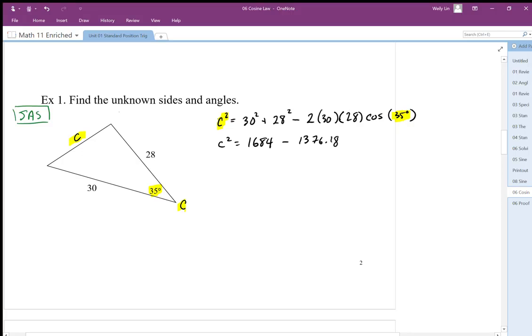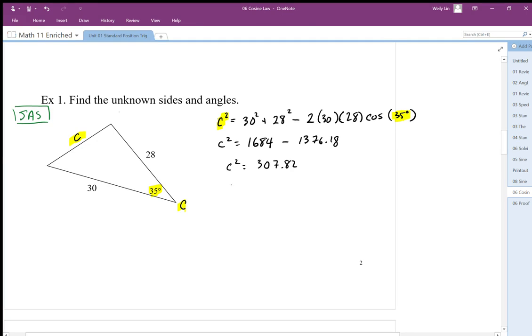1376.18. That looks pretty good, because that's now going to be subtracting. As I go from a 90-degree angle on a longer C side, as the angle shrinks, that cosine should be positive, and it should take away from C squared, which makes my C side shorter. So when I subtract from 1684, I get 307.82.